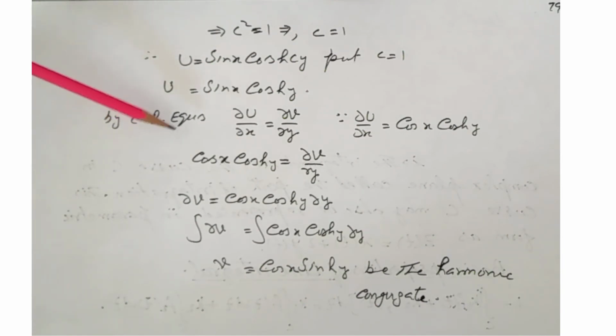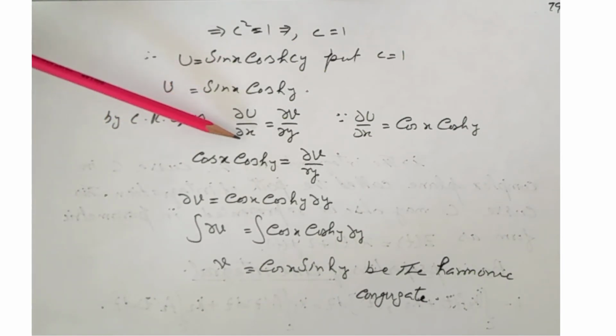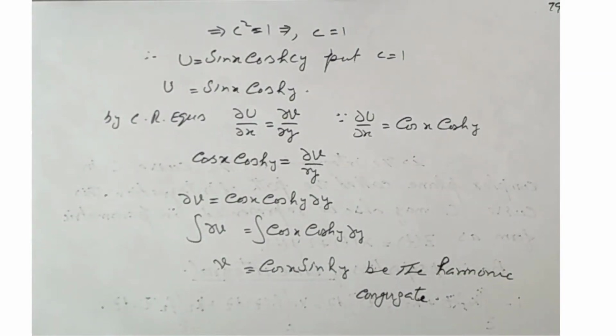Now by the Cauchy-Riemann equations, partial u over partial x equal to partial v over partial y. Since partial u over partial x equals cos x cos hyperbolic y, here we put the value of cos x and cos hyperbolic y. This is equal to partial v over partial y.